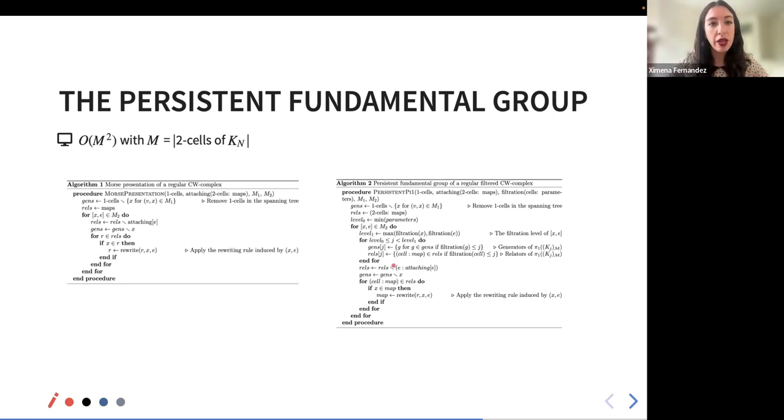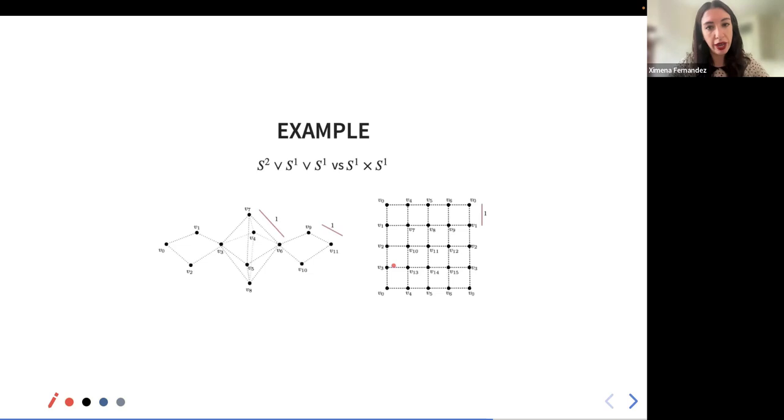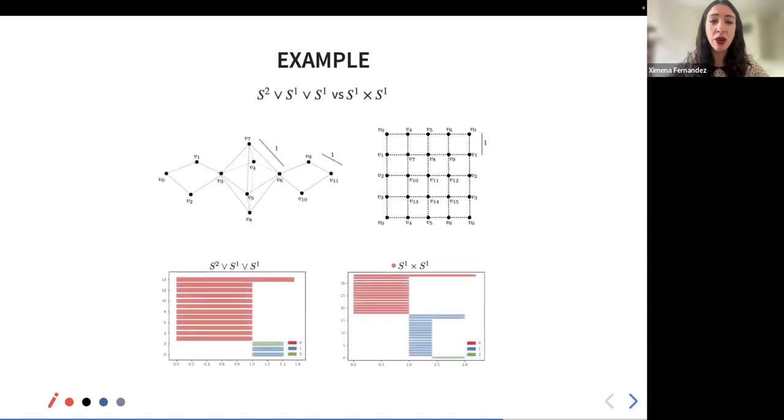Great, so I will end with an example. This is a very small example, so you can run it by hand to check. This is a very small sample of a wedge of spheres, and this is a sample of a square with the boundary identified like in a torus.